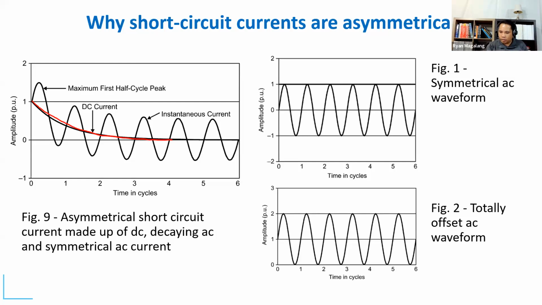So that is essentially this one here, the AC symmetrical plus your DC, which is decaying over time. If you add those two values, you can see now that your total current magnitude is decaying over time like this. And now at this point, you no longer have your DC. Now you only have your AC part.